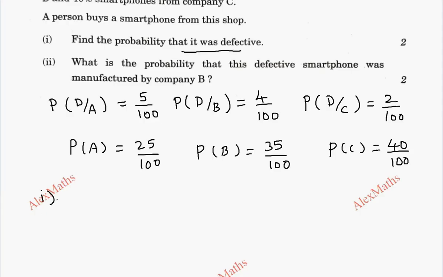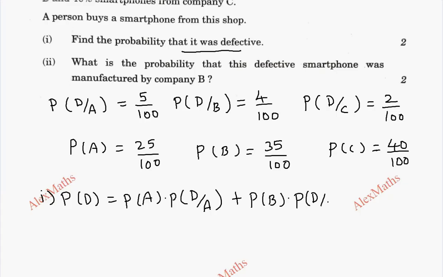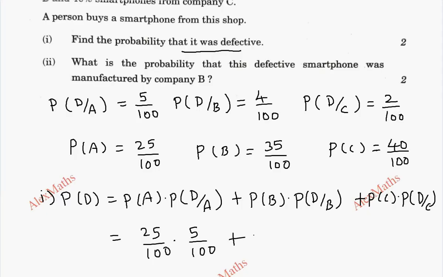So they want P of D. P of D by formula it is P of A into P of D by A plus P of B into P of D by B and P of C into P of D by C. Now we substitute 25 by 100 into 5 by 100 plus 35 by 100 into 4 by 100 plus 40 by 100 into 2 by 100.